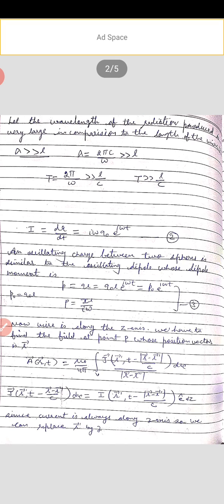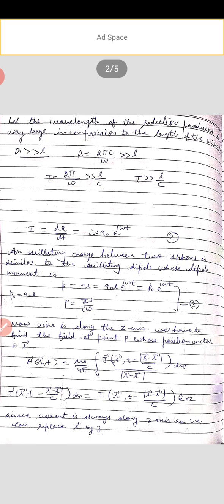So P is equal to Q into L, and this will be equal to Q naught L e power iota omega t. And if we put Q naught L is equal to P naught, then we get P is equal to P naught e power iota omega t. And we can write it in terms of current, P is equal to IL upon iota omega.